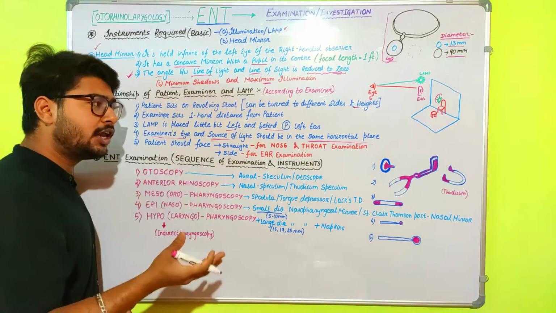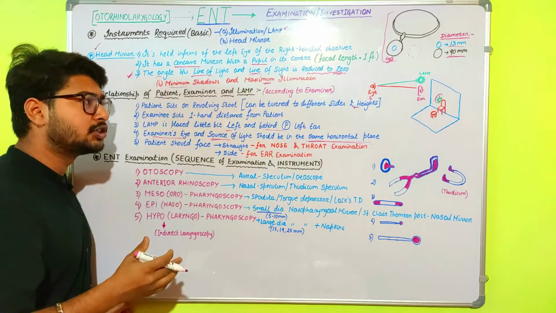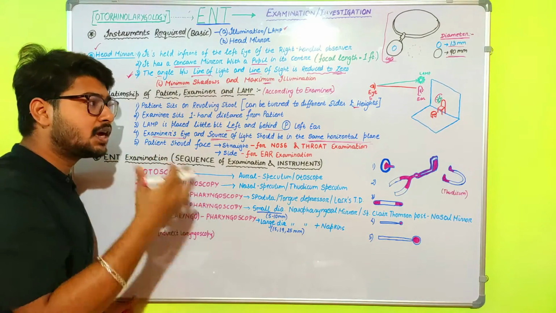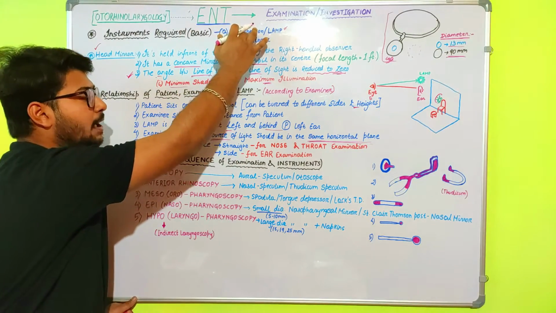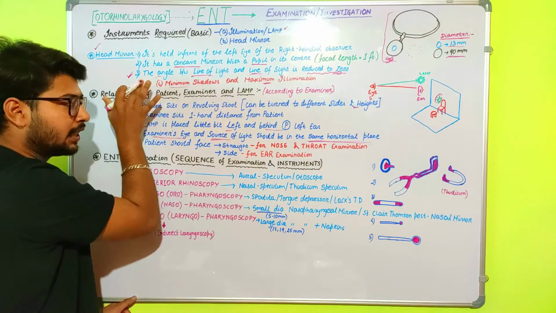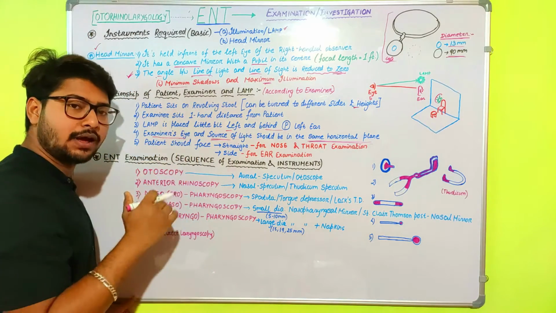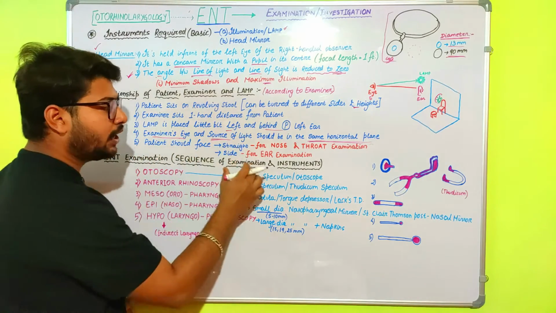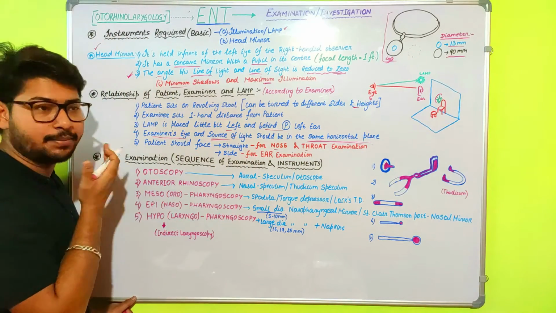Even if we have proper illumination in the whole room, or with the help of the lamp, if we do not set the head mirror, we will have blurred vision. So that is the requirement of the head mirror, with a proper illumination lamp of proper diameter, and the angle should be reduced to zero. Then only will the source and the examiner's eye be in the same horizontal plane. Next, the patient should face straight for nose and throat examination, which is obvious, and to the side for ear examination.